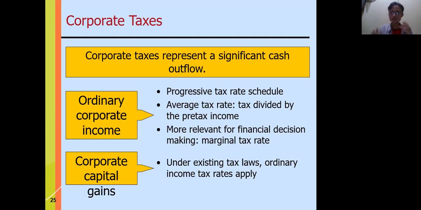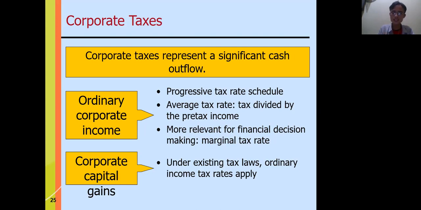They're comparable. So progressive tax rate schedule, wherein we follow tables, and then the average tax rate would be tax divided by the pre-tax income, because the tax to be obtained is actually to be divided by the respective pre-tax income, and we are talking here about the tax rate.